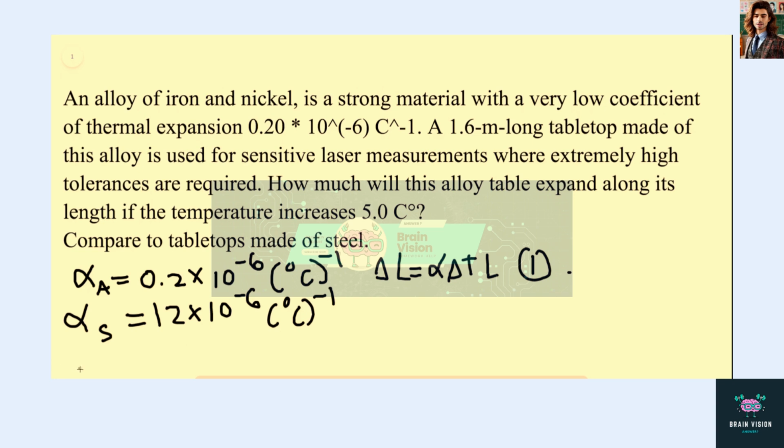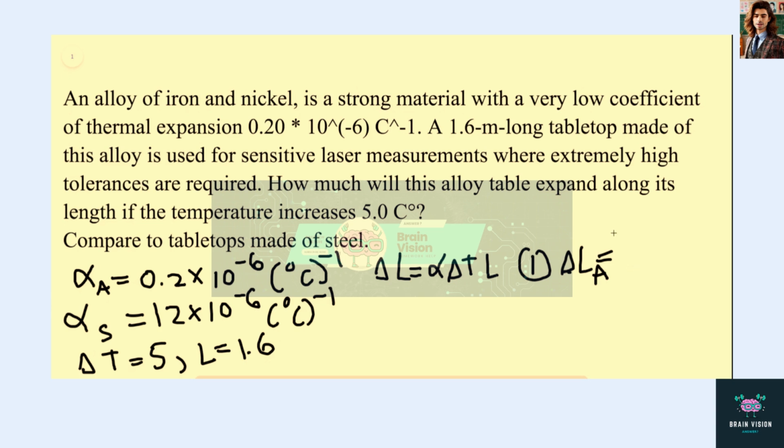So actually we can say that delta T here is equal to 5 and L is equal to 1.6. So substituting the first alpha A into there, we have delta L A is equal to 1.6 times 10 to the minus 6.